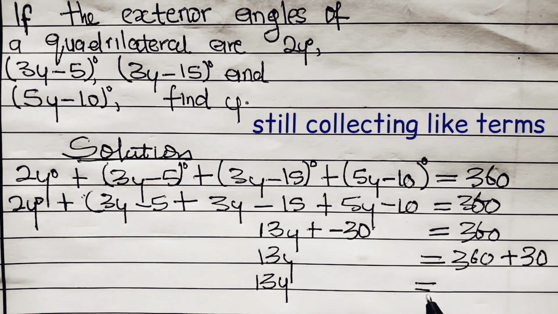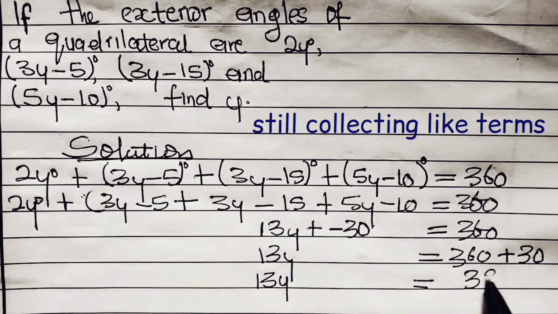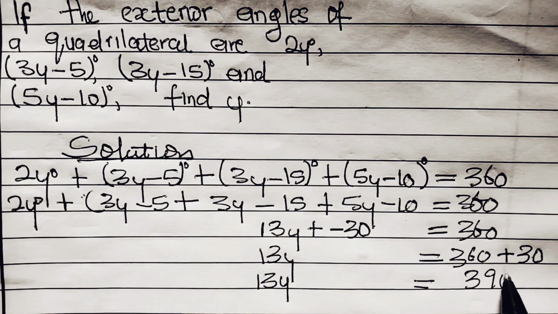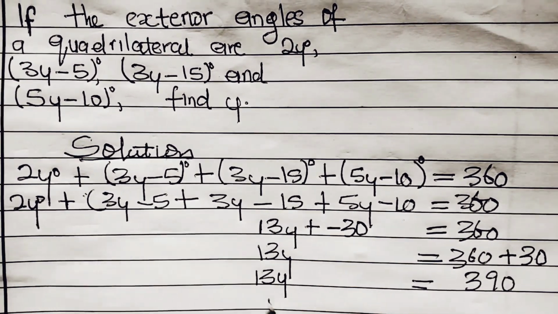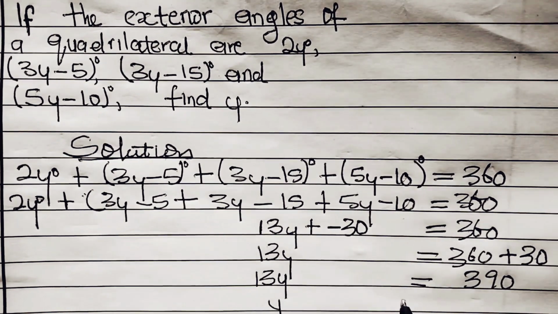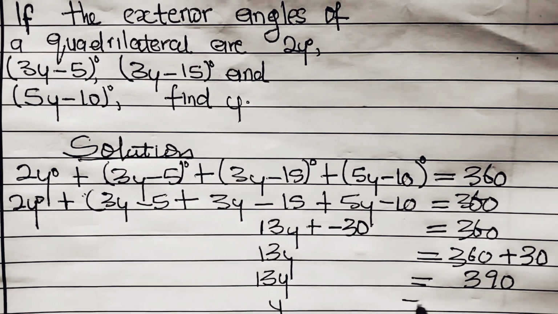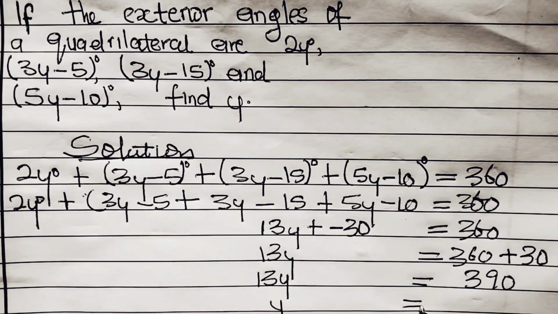So 13y is equal to 390, which finally gives y is equal to what?